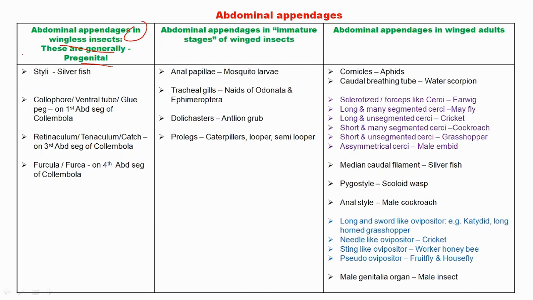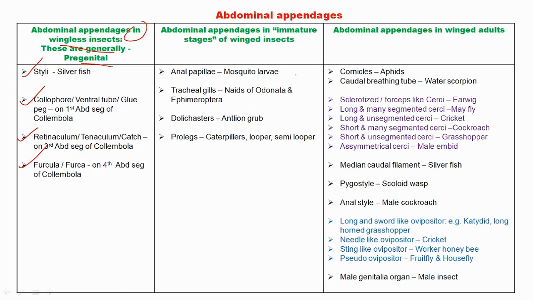See here the list of abdominal appendages in wingless insects: styli, colophore or ventral tube or glue peg, retinaculum or tenaculum or catch, furcula or furca.